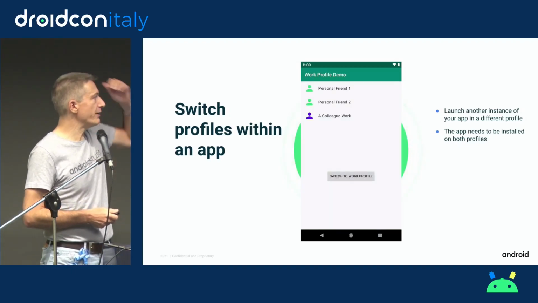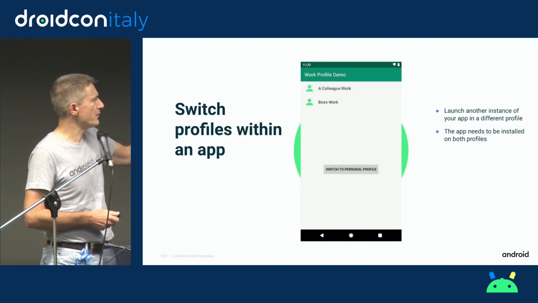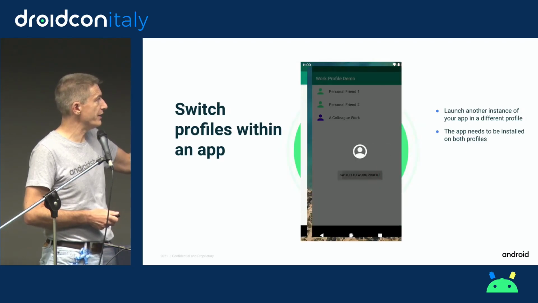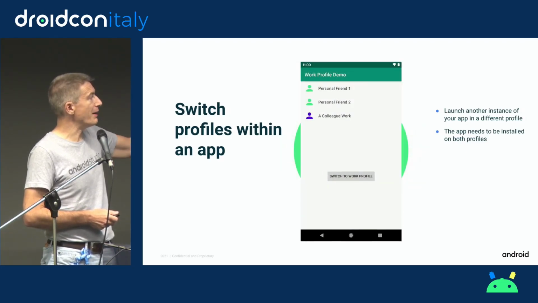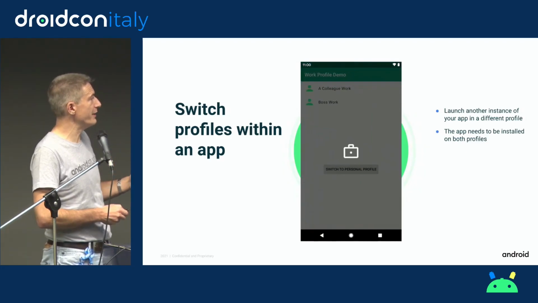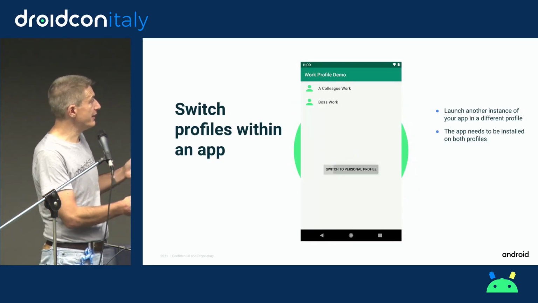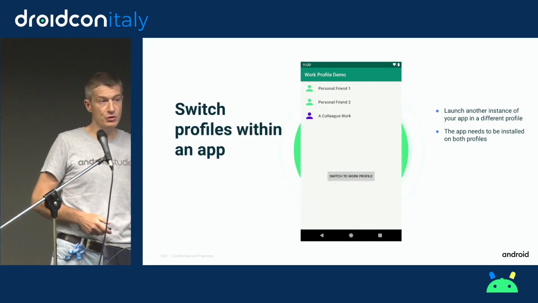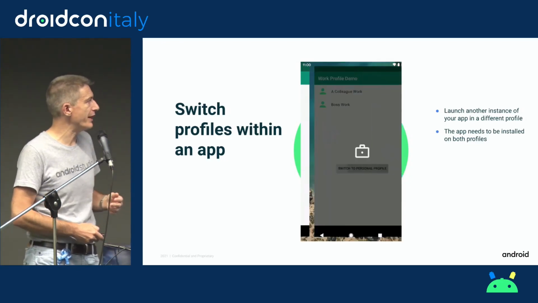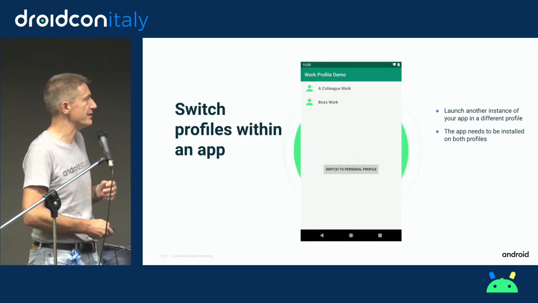And so you can, for example, this is a codelab that we have that shows how to implement this button, where you have a button that automatically lets you switch to personal profile, switch to work profile, and launch the other instance.